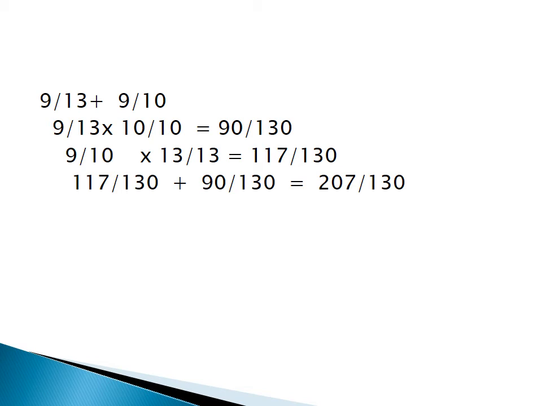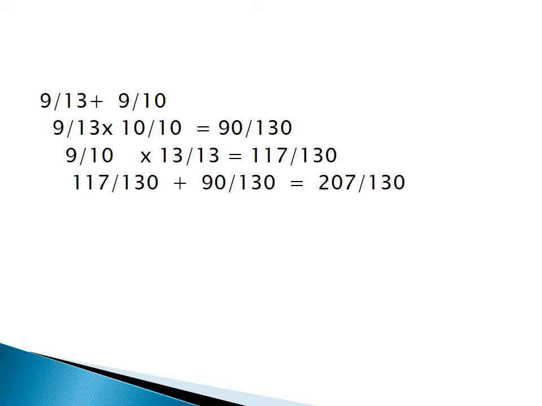Multiply by the denominator of first fraction, that is 13. 9 by 10 multiplied by 13 upon 13. 13 nines are 117 and 13 tens are 130. Now denominators are same, that's why we will add the numerators.